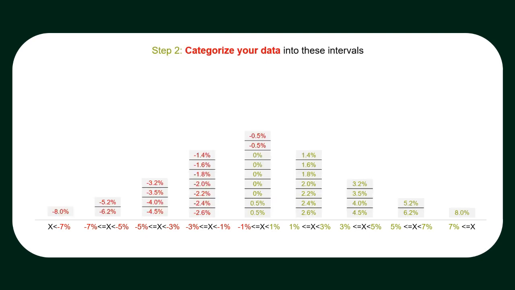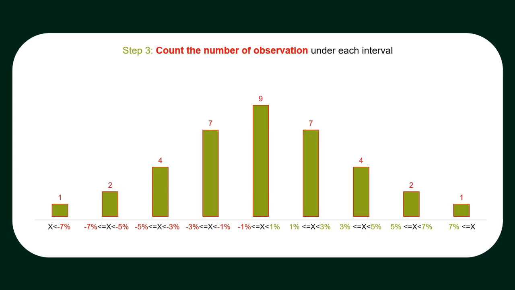As a second step, we will categorize all 37 observations in these intervals. For example, 9 observations are between negative 1% and positive 1%. In similar fashion, we have categorized other observations in the remaining intervals. As a third and final step, we will count the number of observations under each interval.